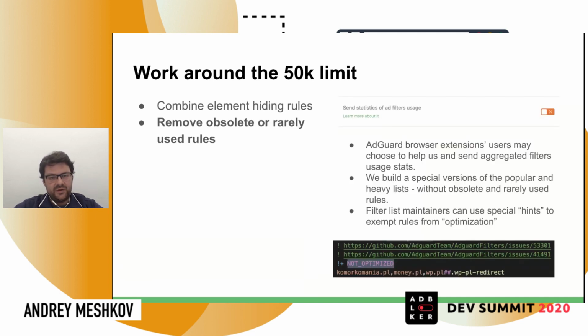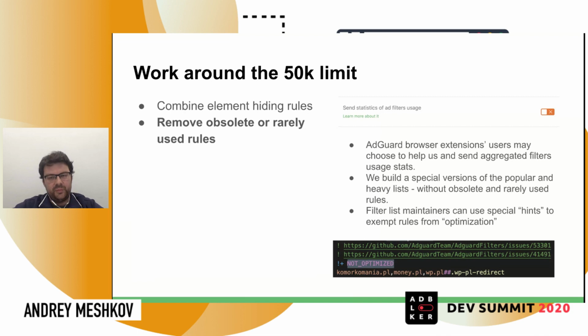And so the second thing that we do is removing obsolete or rarely used rules from the filter lists that we use in Safari. Here's how it's done. AdGuard browser extension users may choose to help us and send aggregated filter usage stats.